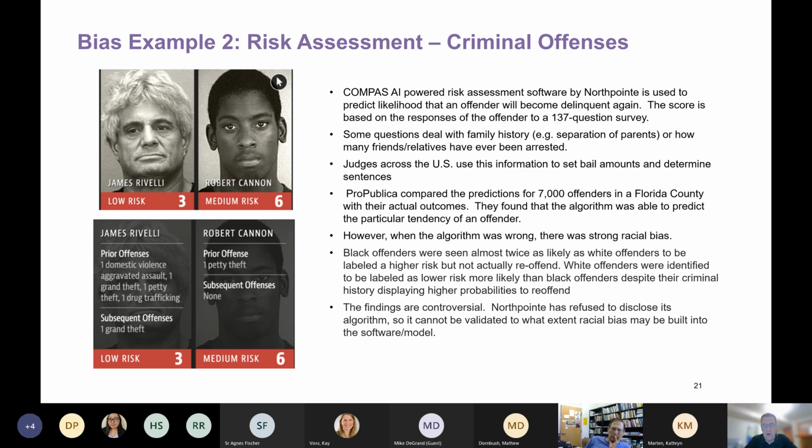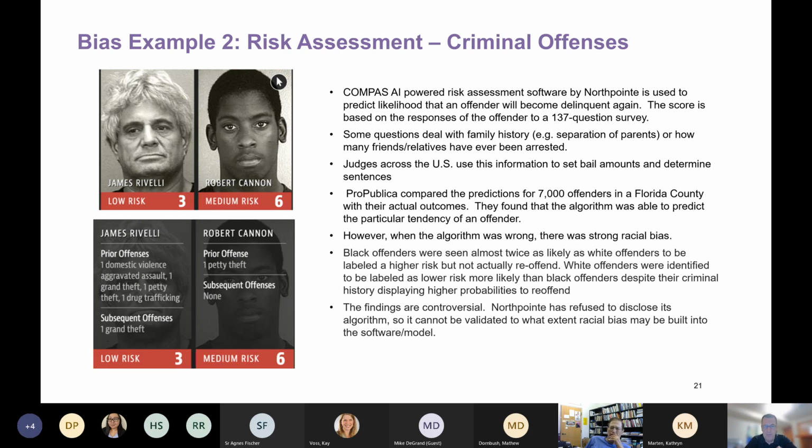And then an algorithm determines what is the risk that that person will commit another offense upon their release. And that system is used by judges to set bail. It is used to determine the magnitude of sentences. And again, in that system, we find that there is racial bias.